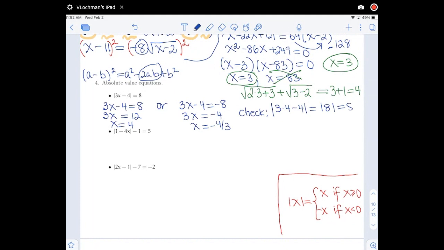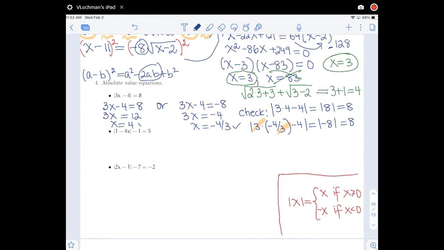What about the second one? 3 times negative 4 over 3 minus 4. What is that? Get rid of this 3. That is the absolute value of negative 8, but that's still 8. So both of these are correct.